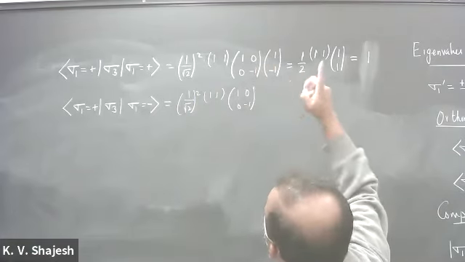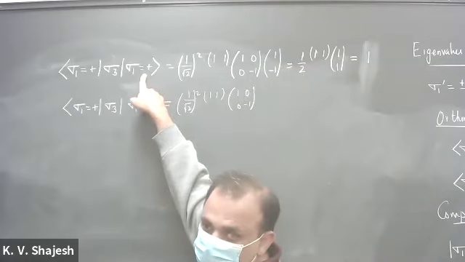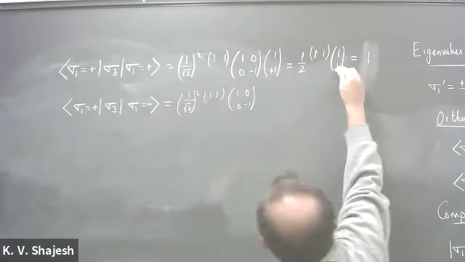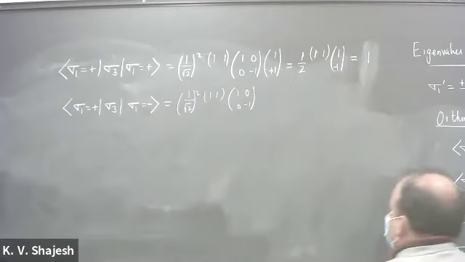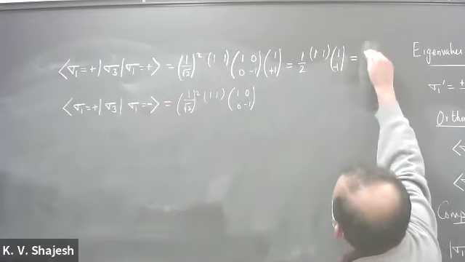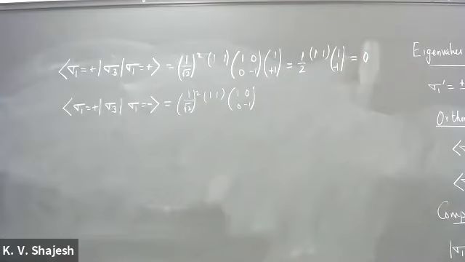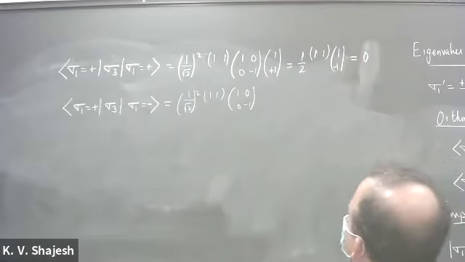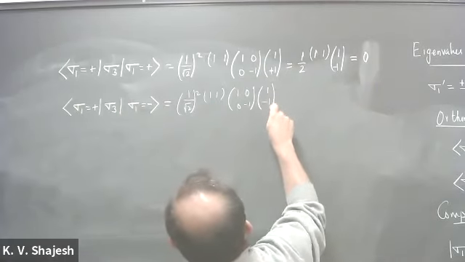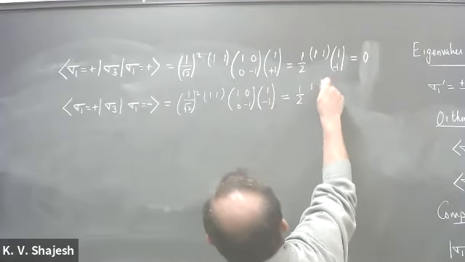What did I do? Sorry. This should have been plus, right? This was sigma 1 plus. So this was a plus. And then this would have become minus, and this 0. And now there is 1 minus 1 here. And this is 1 as we did just now.